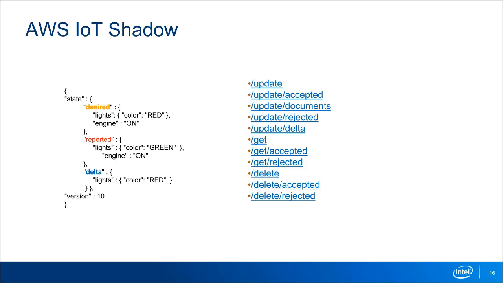So a delta topic and a delta value is really just the difference between the desired and the reported state. So you can parse out that delta object and then know exactly what your device needs to do in order to go from its last reported state to its last desired state. So the shadows are really the core way of communicating to a device and making sure that it's behaving in the way that you expect it to.